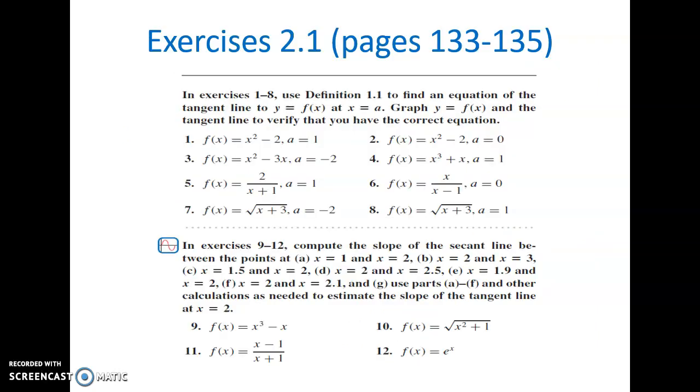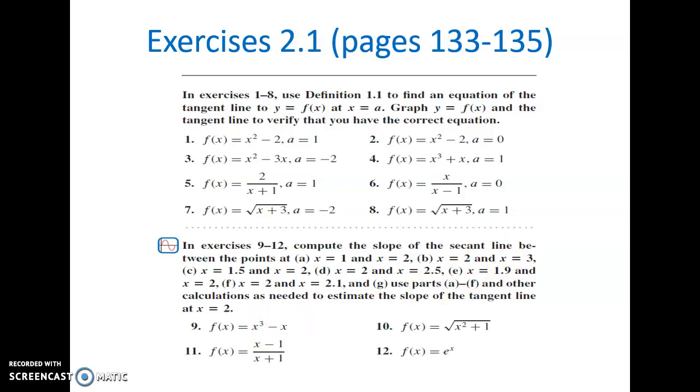So these are the examples where, in the first set of questions from 1 to 8, you are given a graph and you are asked to find the equation of the tangent line to this graph at this point. So I will do some of these examples in the live class. In this example, you are asked to find the slope of the secant line at 2 points, (1, 2) and (2, 3), for this particular graph.